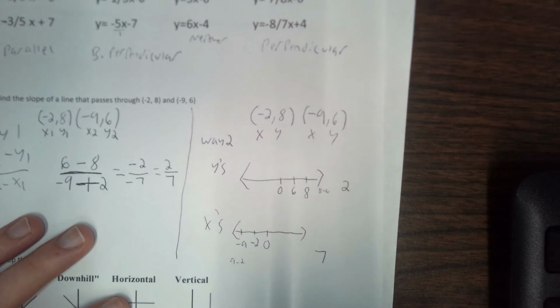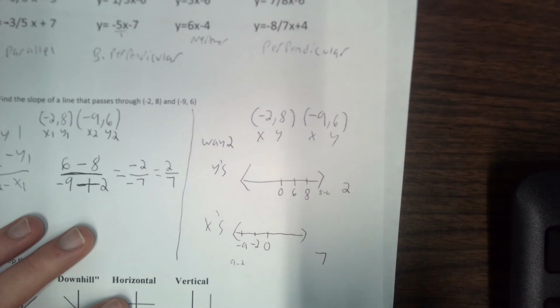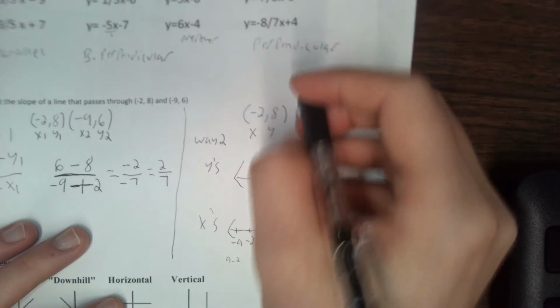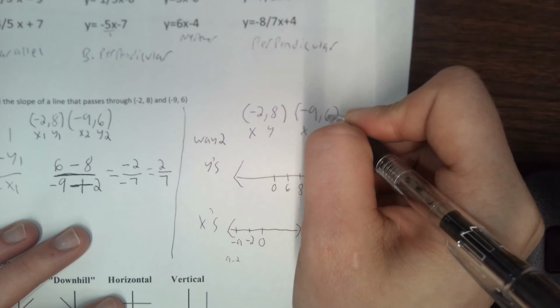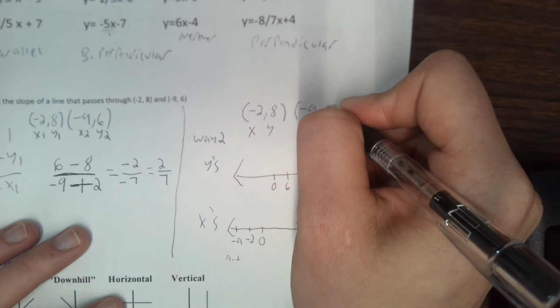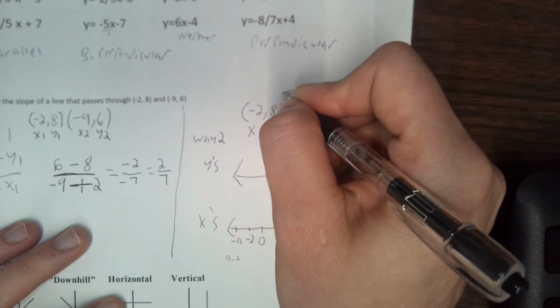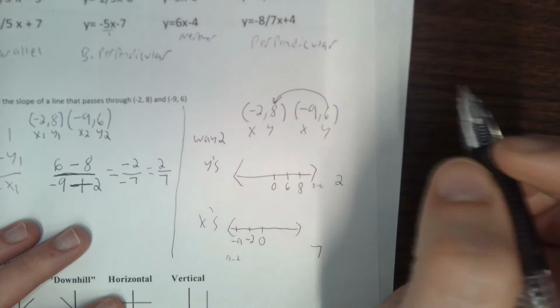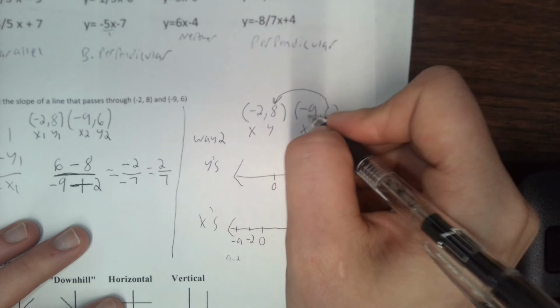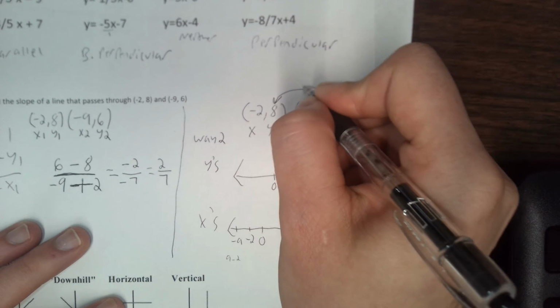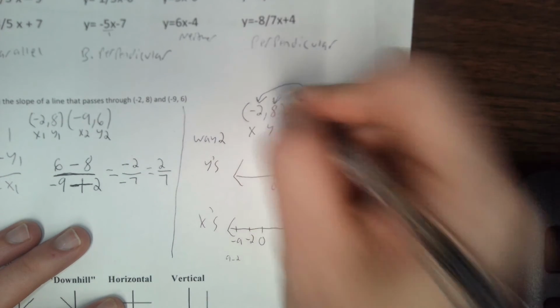Now we just have to go back. Remember, we go from smallest to largest. Here we have 6 to 8, which is smallest to largest. And remember, the bigger the negative, the smaller the number, so this also goes from smallest to largest.